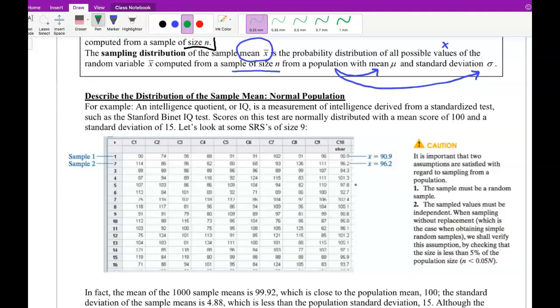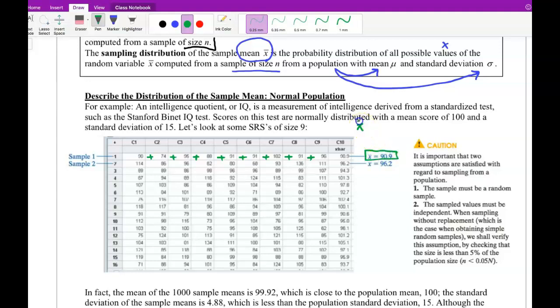Now on this part, we have this table, with the first sample and second sample of 216 samples, and this is x bar. How can we get that number? Adding all the data on the first row: 90 plus 40, 74 plus 95 plus 88 plus 91 plus 91 plus 102 plus 91 plus 96, divided by how many we have, which is 9, is equal to 90.9.